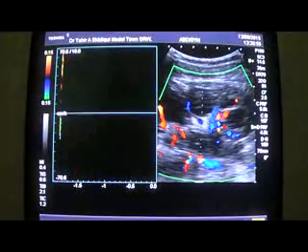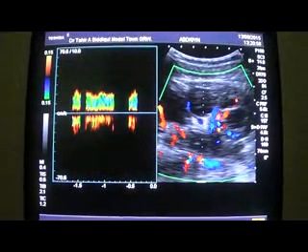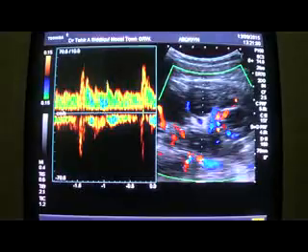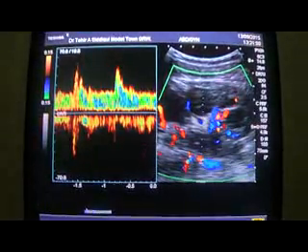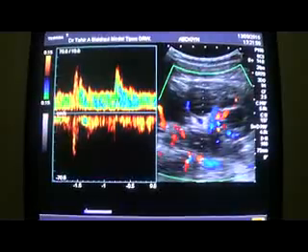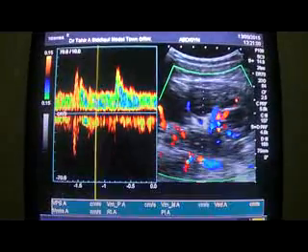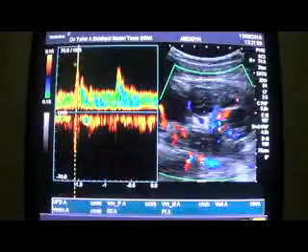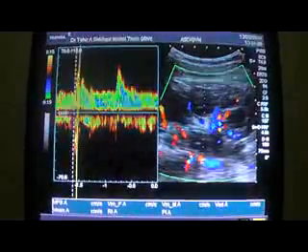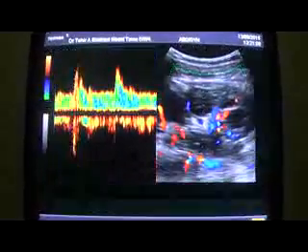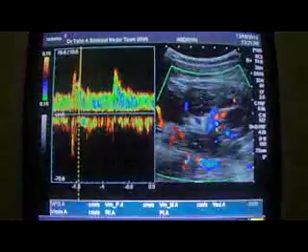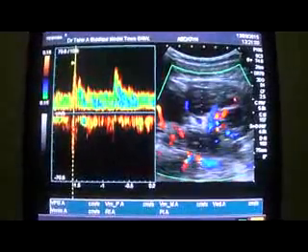Now, because of this placement of the stent, this is a very much normal study of the renal artery. This is the waveform of the renal artery.